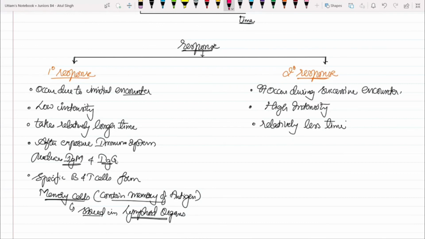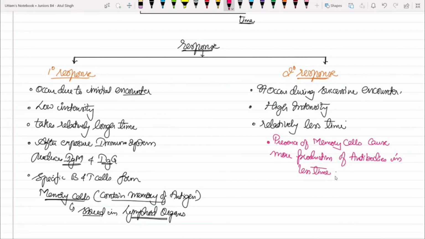Okay. So over here, the presence of memory cells causes more production of antibodies in less time, because here it need not go through all the process once again.